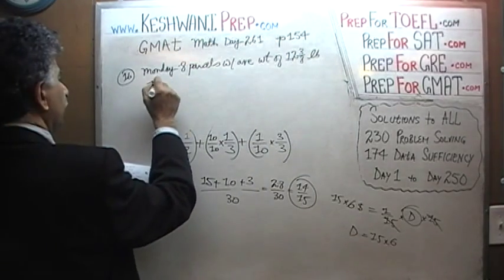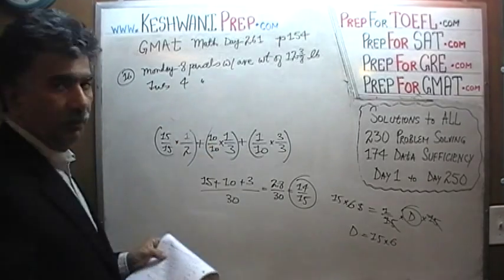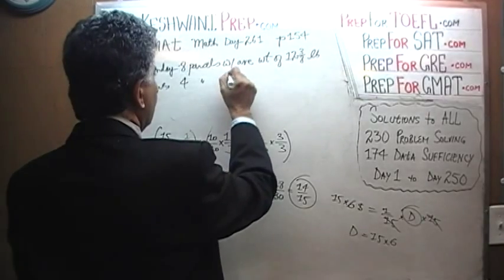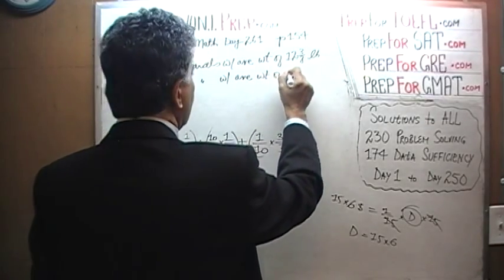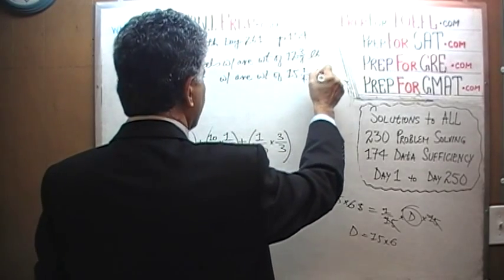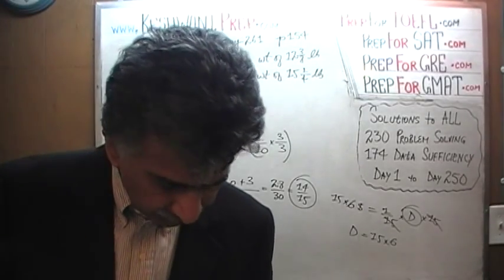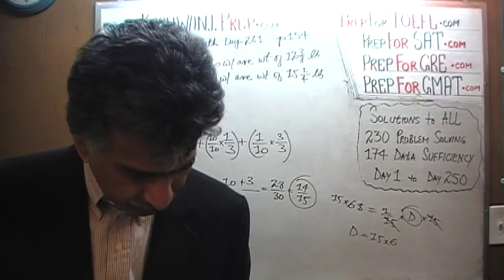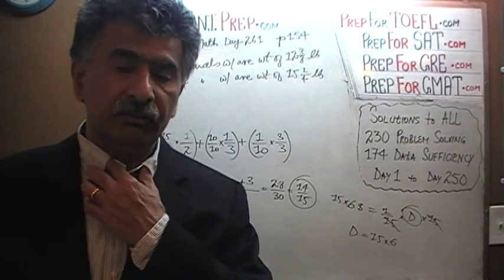We were told that on Tuesday 4 parcels were sent out with the average weight of 15 and 1/4 pound. And the question simply is, what's the average weight of all of these 12 packages that we have sent out? What was the average weight in pound of the packages the person mailed on these 2 days?